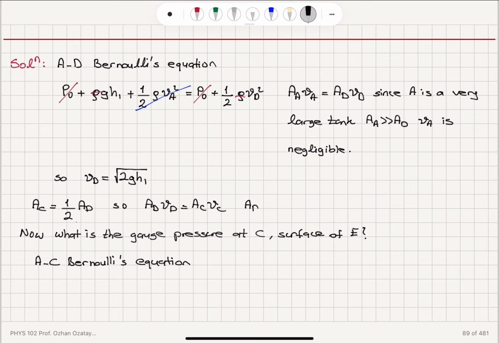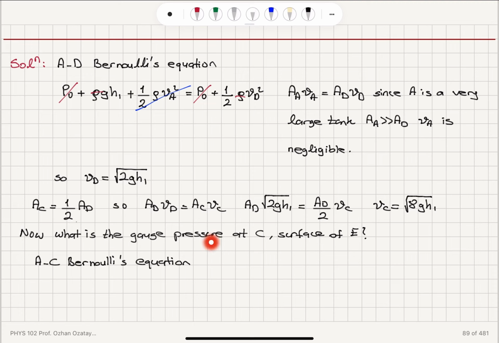So AD times square root 2gh1 must be equal to AC, which is AD over 2, multiplied by VC. So this tells me that VC should be equal to square root of 8gh1. All right, so this 2 goes as 4 inside, so it makes it square root of 8gh1.